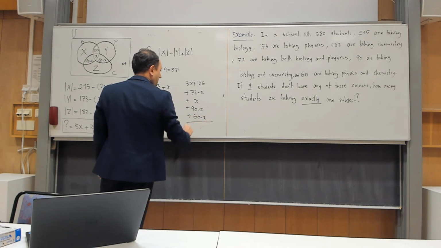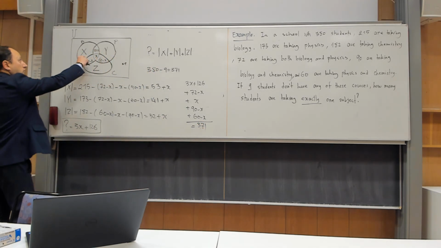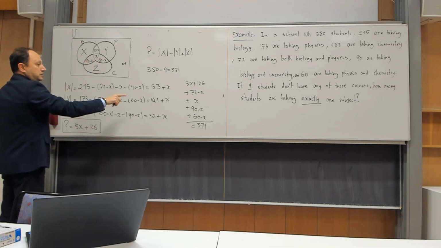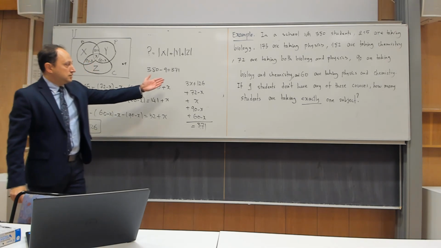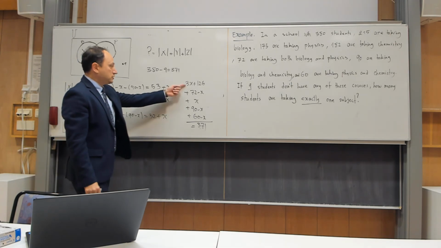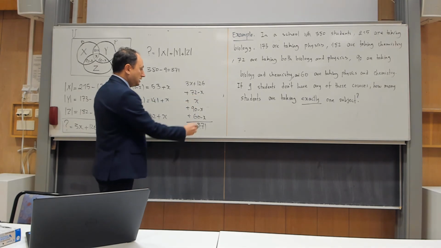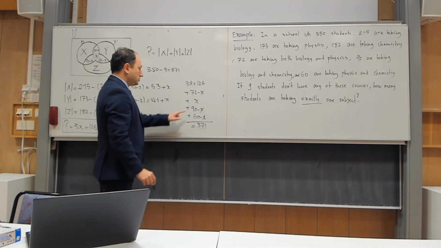This should be equal to 371. Yes? All these parts together should be 371. And you see that in this equation there is only one unknown, and that is x. If I start adding them, minus x minus x minus x, minus 3x, this is gone, so x is left.